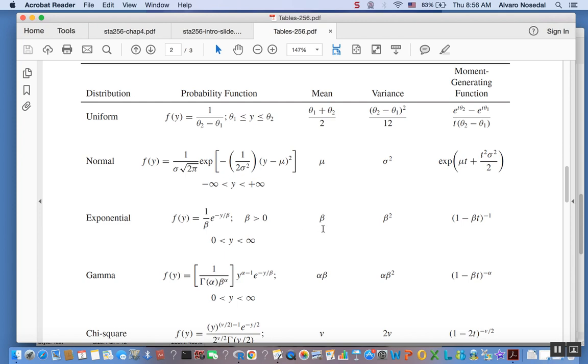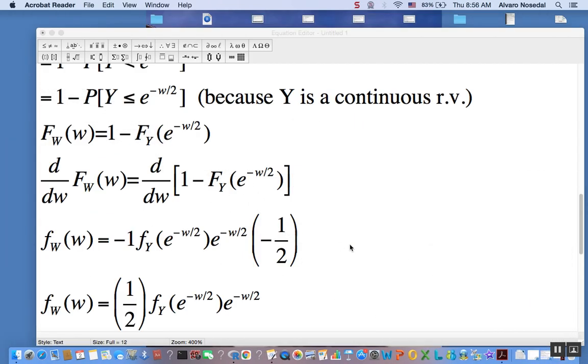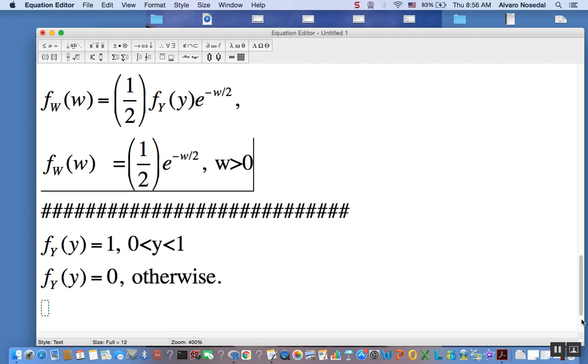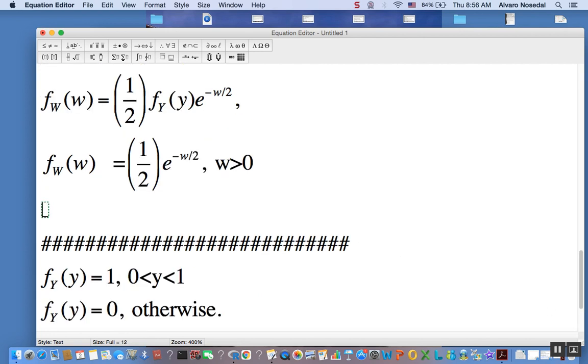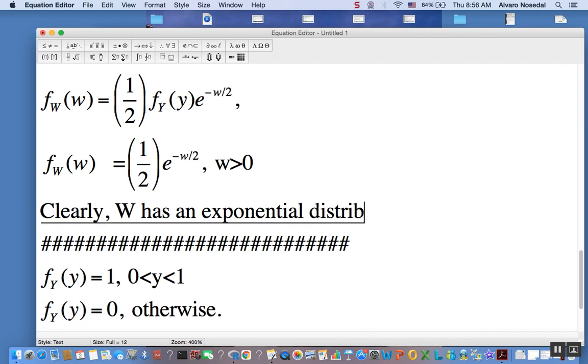So yeah, the expected value of an exponential is beta. So let's just point that out. Clearly, W has an exponential distribution with beta equal to 2. And we're done, right?